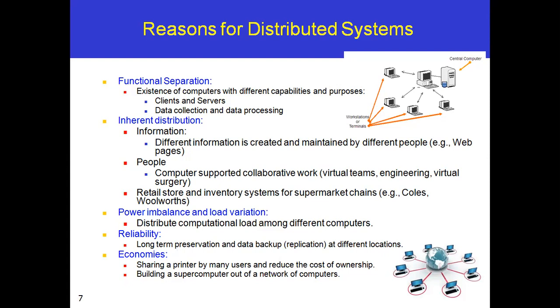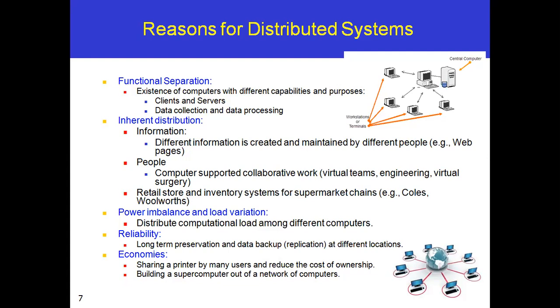I hope you all know about replication. Replication is nothing but duplication. The same data, that is the replica, will be stored at different locations. If the data is lost at one location, the same replica will be stored at another place. That is for the reliability issue.